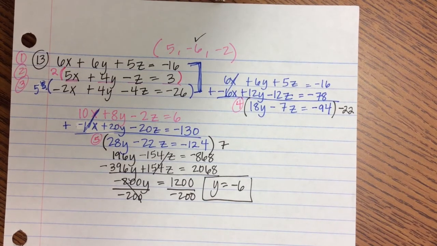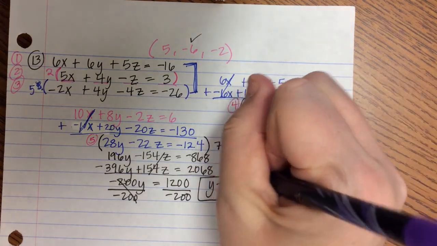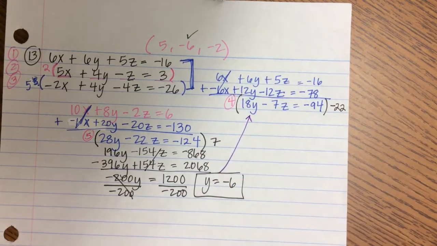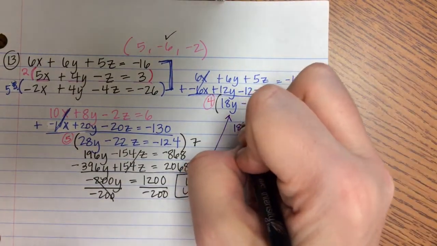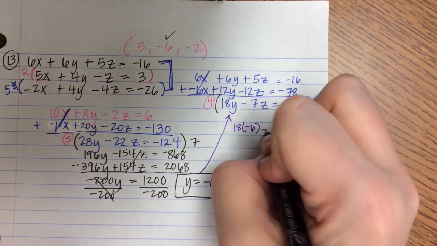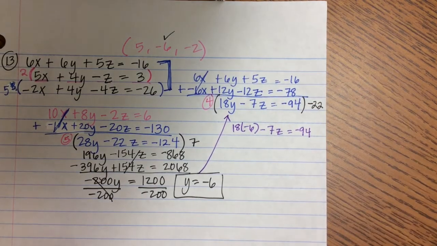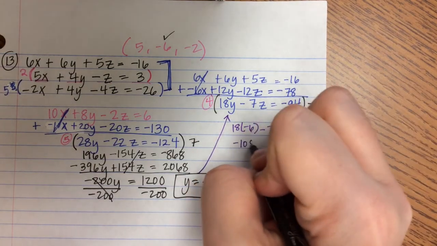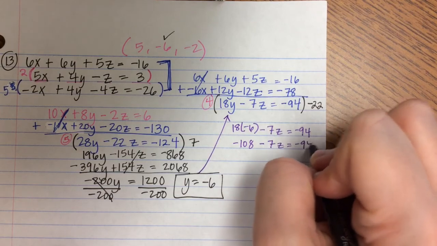Then we're going to work backwards, plugging that in to find values for our other two variables. I'm going to plug this into equation 4 to find my z. So I have 18 times negative 6 minus 7z equals negative 94. 18 times negative 6 is negative 108, minus 7z equals negative 94.